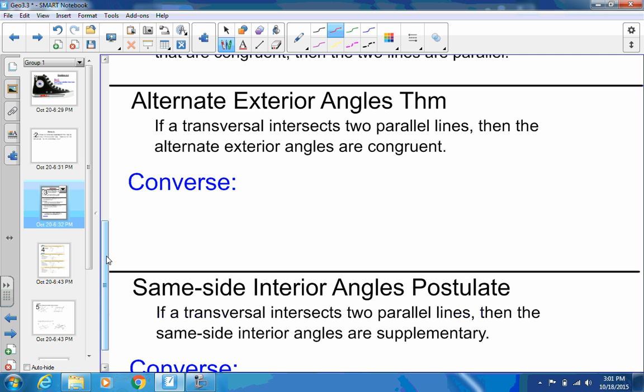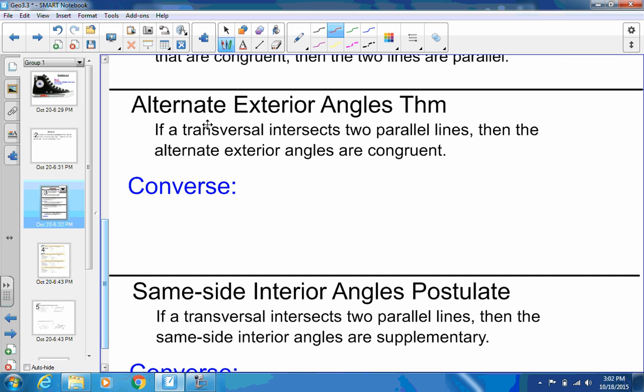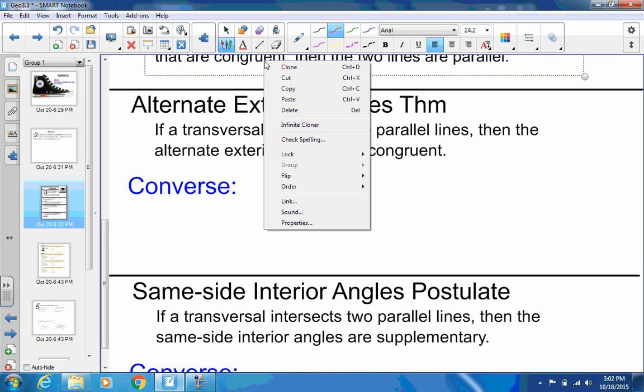For a third one, this is the converse of the alternate exterior angles theorem. The alternate exterior angles theorem says if a transversal intersects two parallel lines, then the alternate exterior angles are congruent.